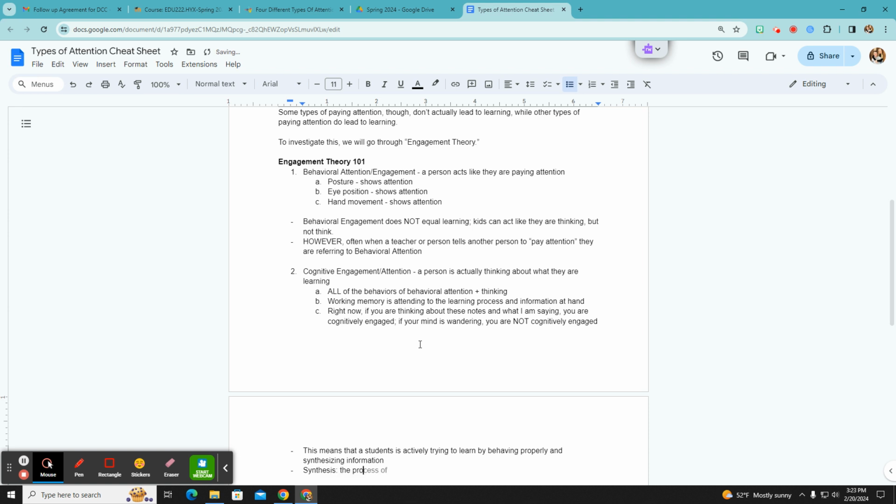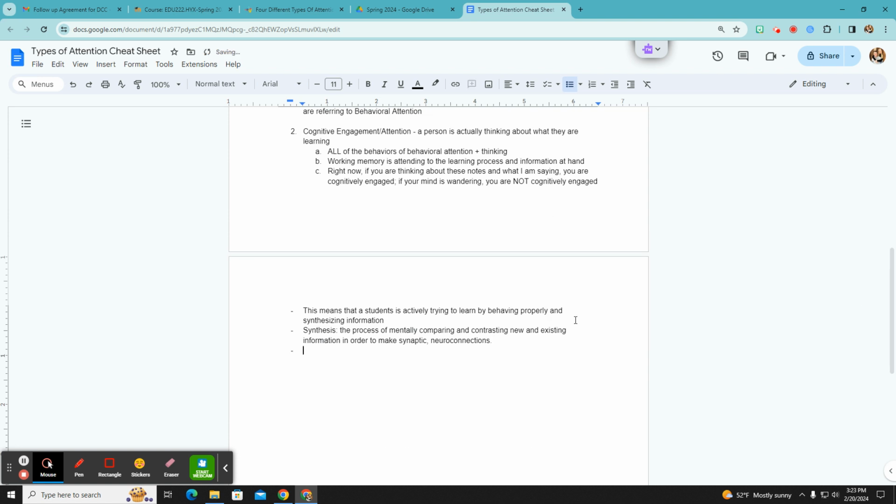Synthesis is the process of mentally comparing and contrasting new and existing information in order to make synaptic neuroconnections. I think that's the word I'm going for. You are taking in the new information and seeing how it fits with the old.